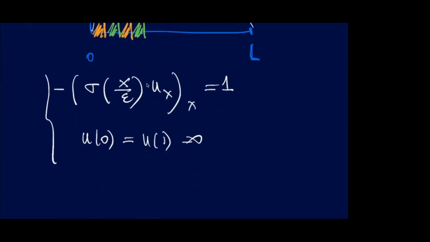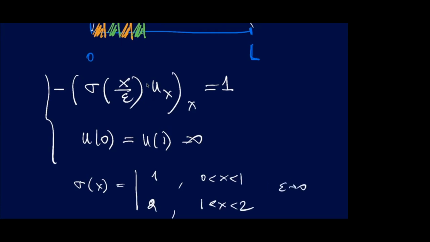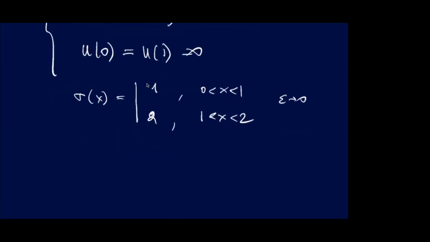Okay, but you say, well, what is the epsilon? What is the link of this PDE with the problem before? I say, well, very simple. I take sigma of x to be 1 for x from 0 to y, and to be 2 for x from y to 2. And then I take epsilon to be very small. So what am I doing then?